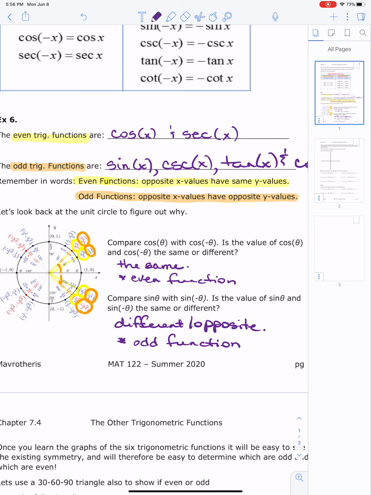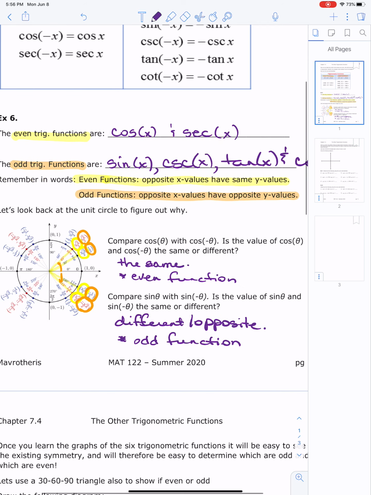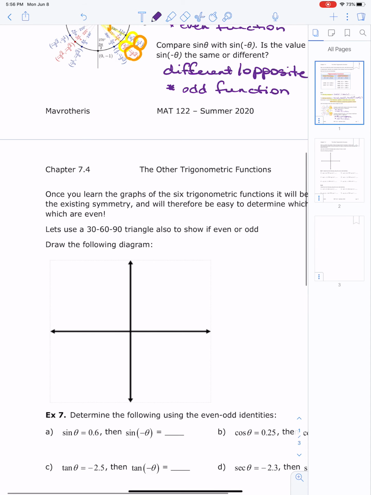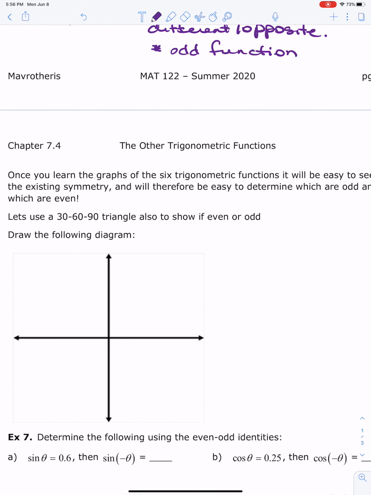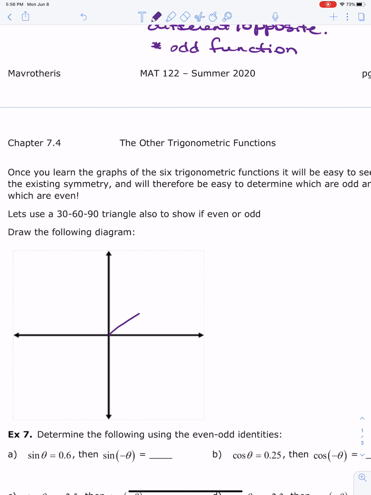Okay, on to page 8. So they talk about drawing in that 30, 60, 90 triangle. We can do that. Here's my 30, 60, 90. We're going to look at the exact same thing we just looked at up above. Square root of 3 over 2, 1/2.